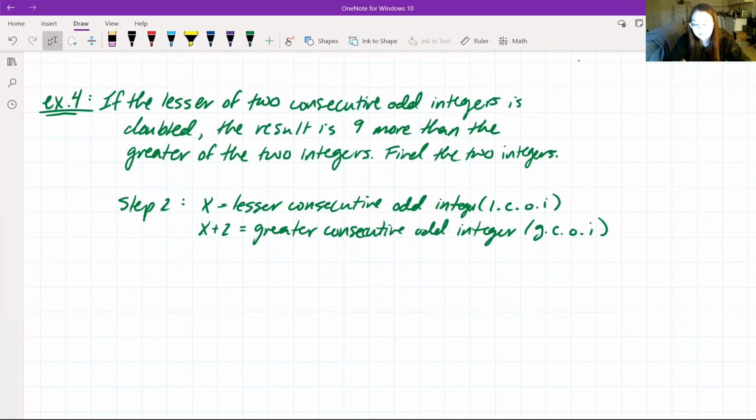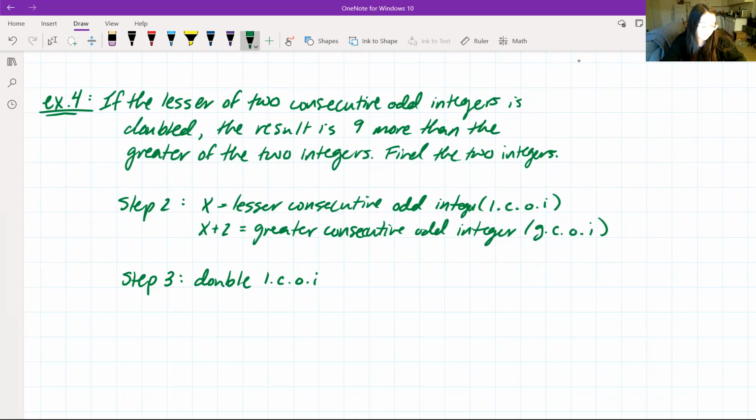So let's move on to step 3. Step 3 tells us that if the lesser consecutive odd integer is doubled, so we're going to say double the lesser consecutive odd integer, the result is 9 more than the greater of the 2 integers.